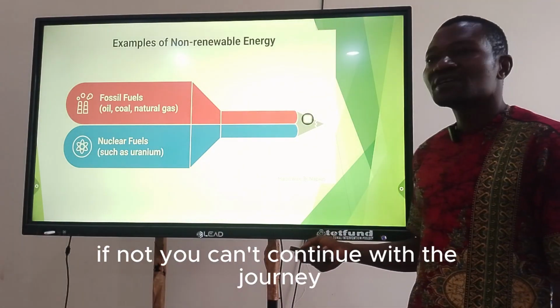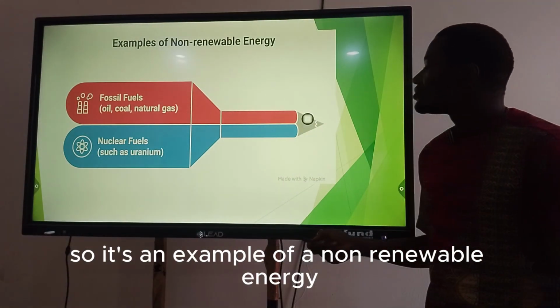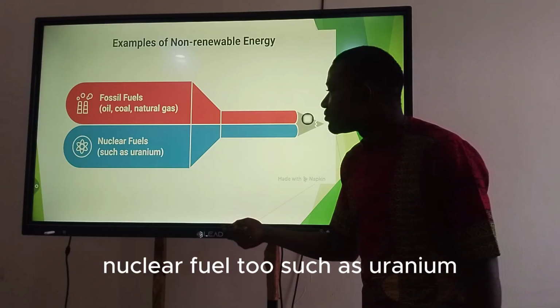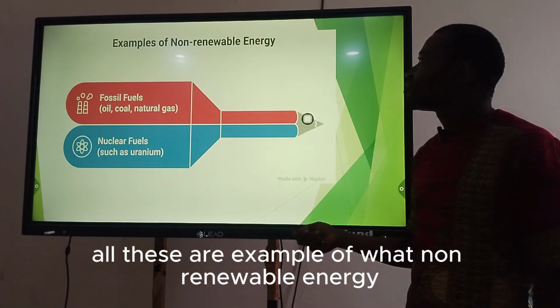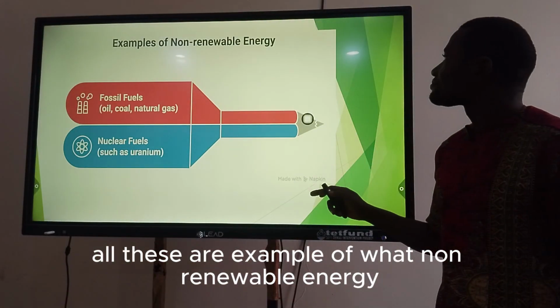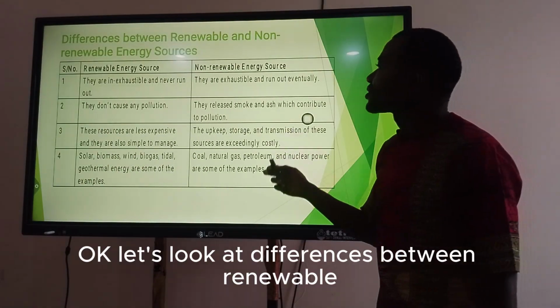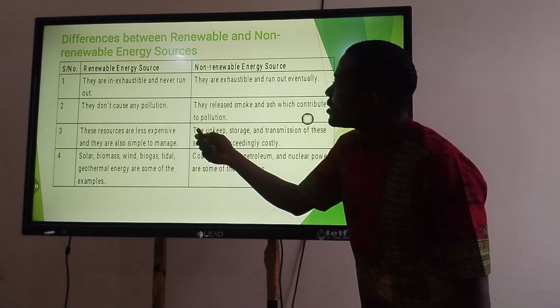If not, you can't continue with the journey. So it's an example of a non-renewable energy. Nuclear fuel too, such as uranium. All these are examples of what? Non-renewable energy.